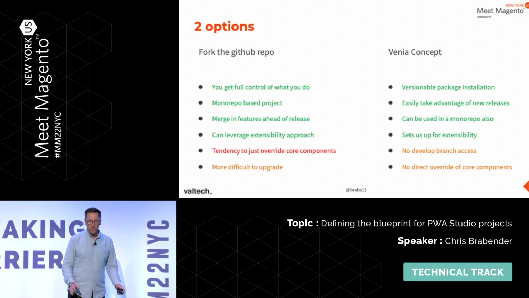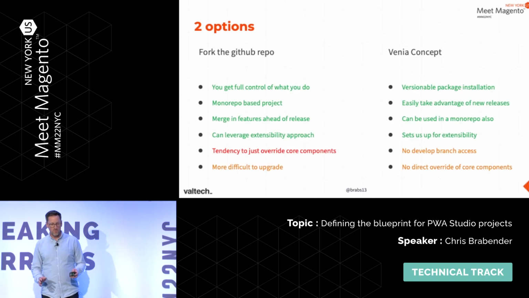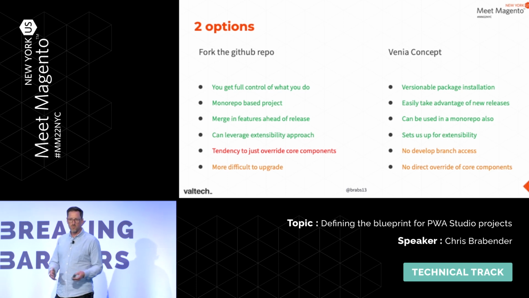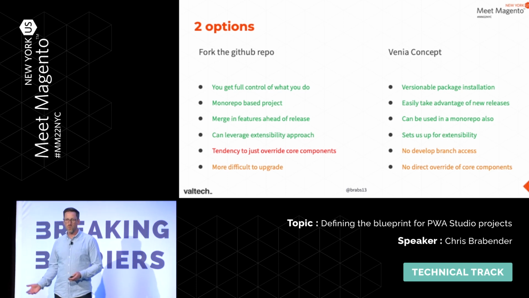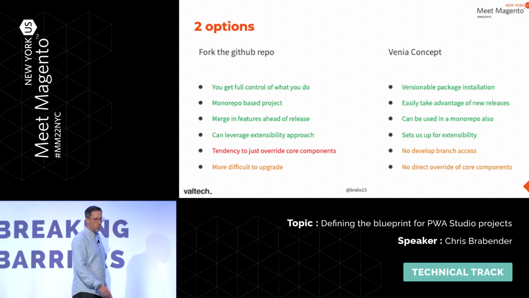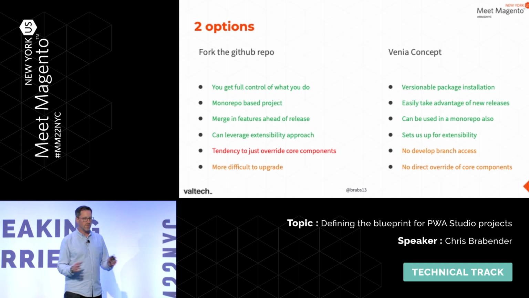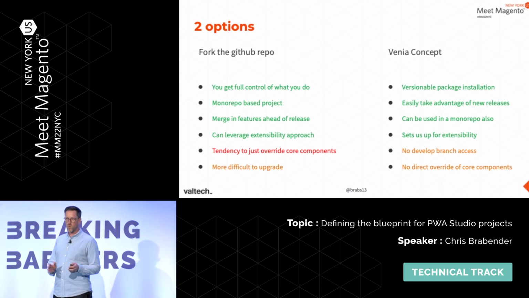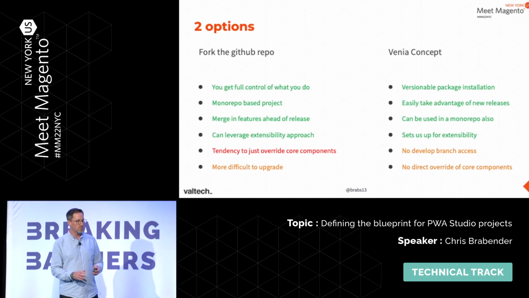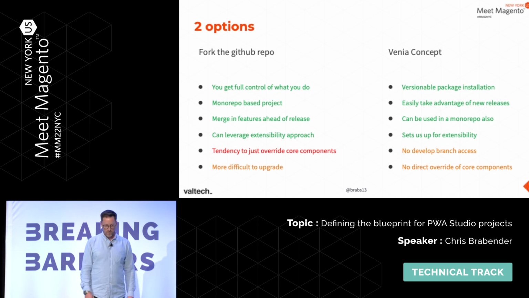So we have 2 real options when we want to start one of our projects. We can fork the GitHub repo. It is a public repository for this entire project. Or we can start with Venia concept. When we fork the repo, you get full control over what you do. You take full ownership of that code, and you can do anything you want with it. It is a monorepo-based project, so it's quite easy to work with, build extensions, and work with those core products.